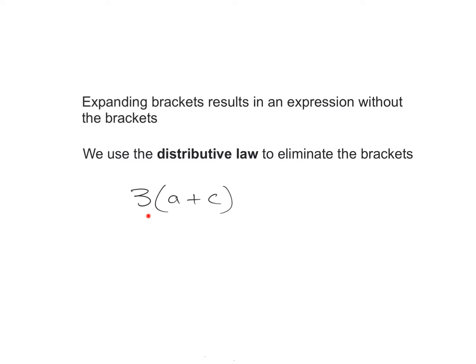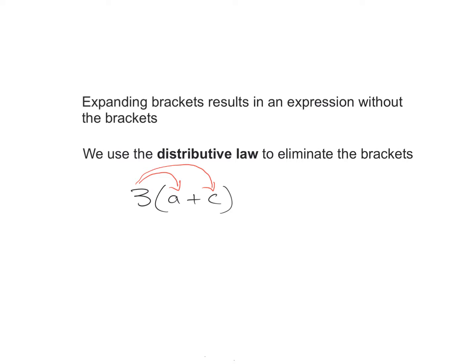In this example, 3 multiplied by, so if there's a bracket right next to the number, that is multiplied by the bracket a plus c. What we've got to do here is we're going to multiply 3 by a, and then we're going to multiply 3 by c.